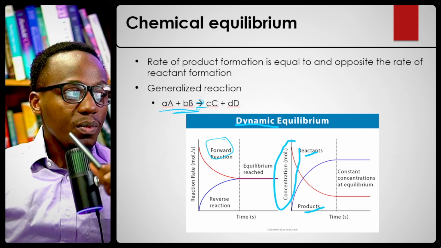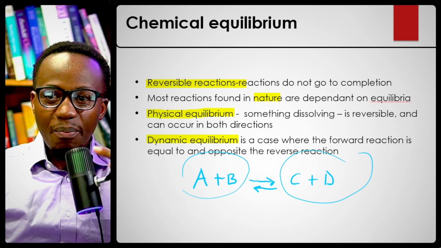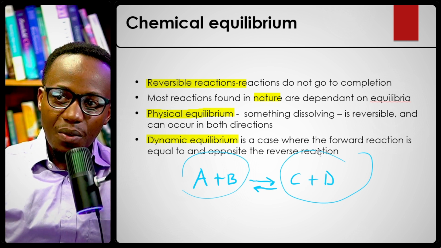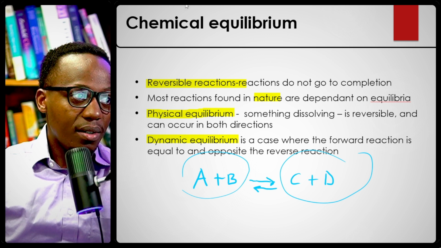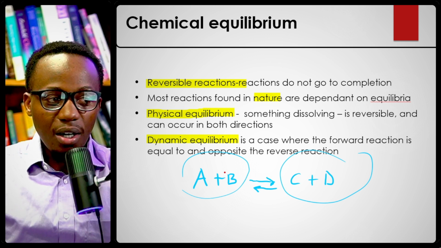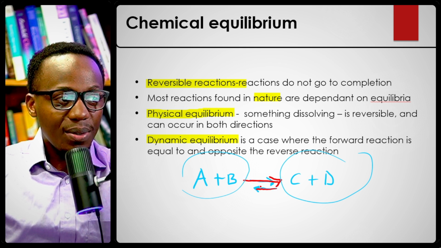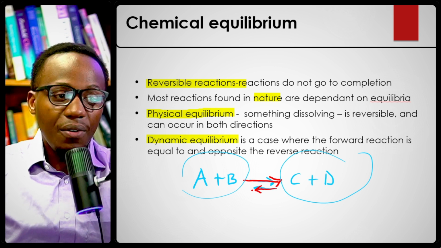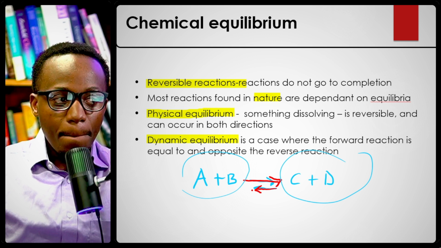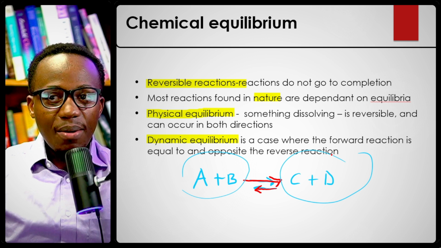But with that being said, as I mentioned earlier, conditions are going to determine whether this reaction is bigger than this, right? So big arrow, small arrow, or if it's the opposite. At equilibrium, we're going back and forth at the same rate.